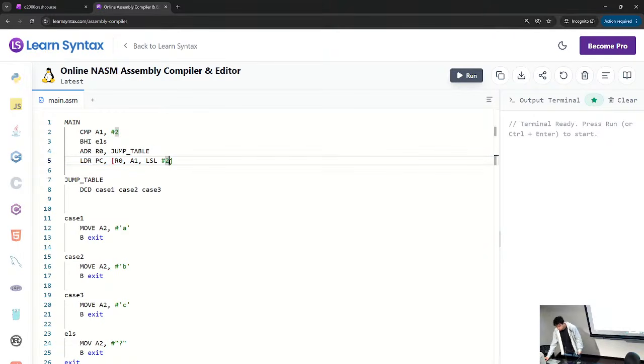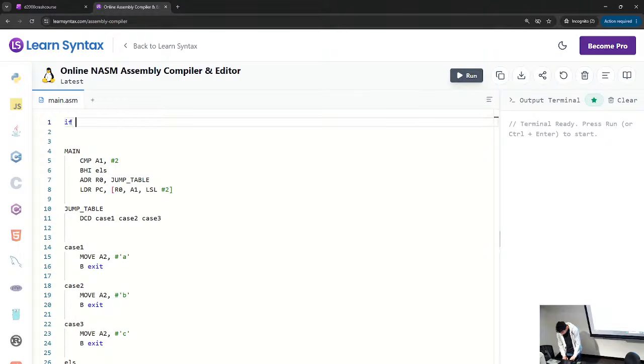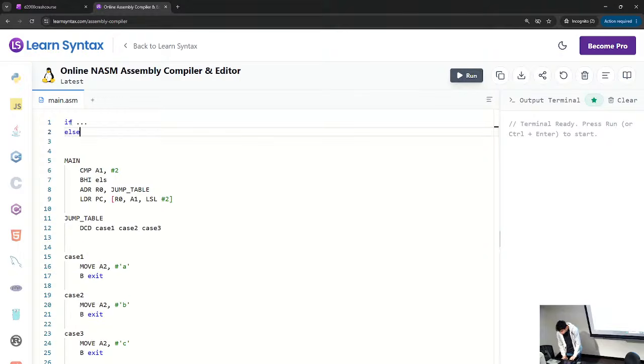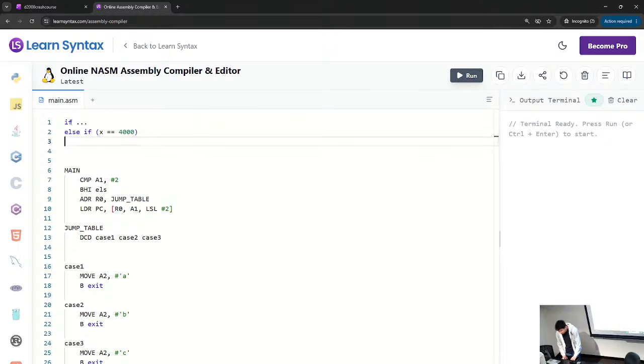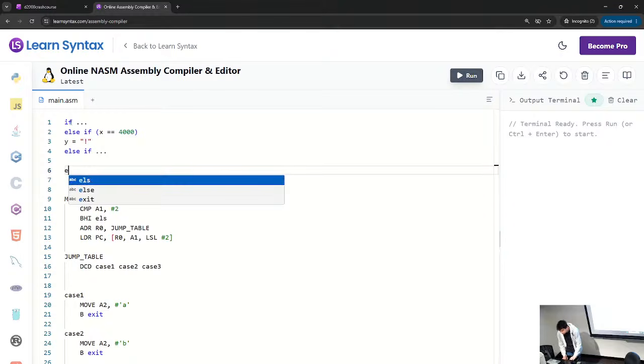But then that leads to the disadvantage. Let's say we had our ifs, and then let's say we had another case where x was equal to, say, 4,000. Then y is equal to something else, and then I had a bunch of else ifs, right?